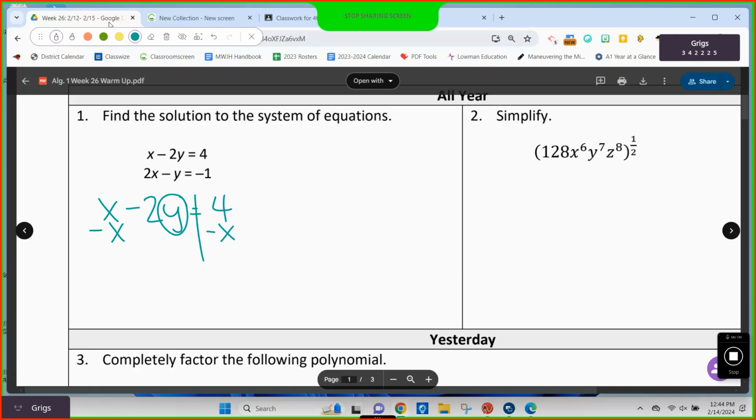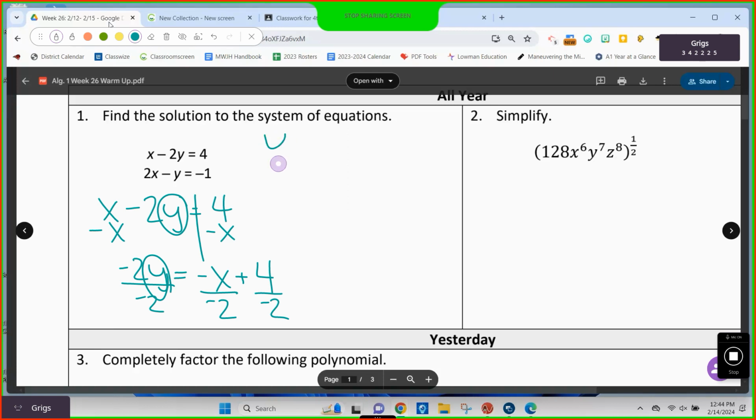Do you agree? So I have negative 2y equals negative x plus 4, yes? And if I'm continuing to get y by itself, I would divide by 2, correct? And then I would divide each term over here by 2.